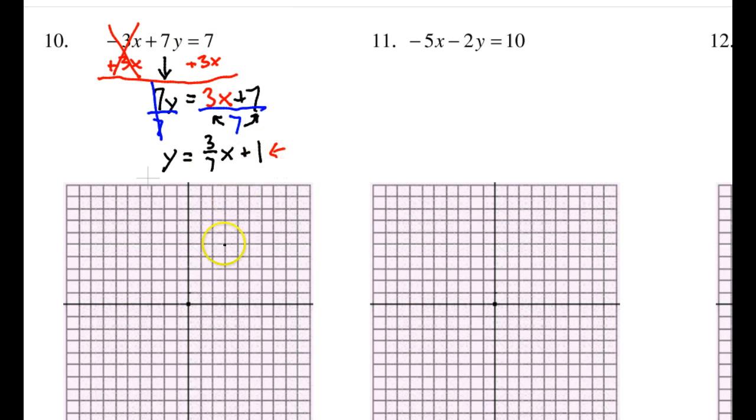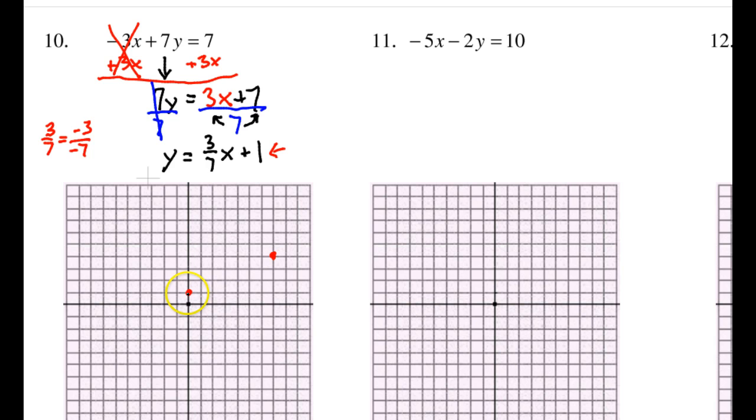Start on the right, positive 1. And we go up 3 and right 7. Up 3: 1, 2, 3, and right 7: 1, 2, 3, 4, 5, 6, 7. If we need to, we can go the other direction. 3 over 7 equals negative 3 over negative 7.